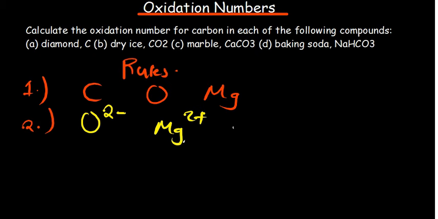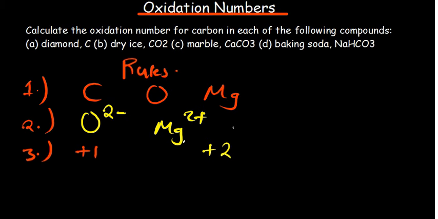Number 3, the oxidation number of group 1 elements is always plus 1. So take any group 1 element, provided it is in a compound, and it has an oxidation number of positive 1. Group 2 elements have a charge of plus 2 in any compound.